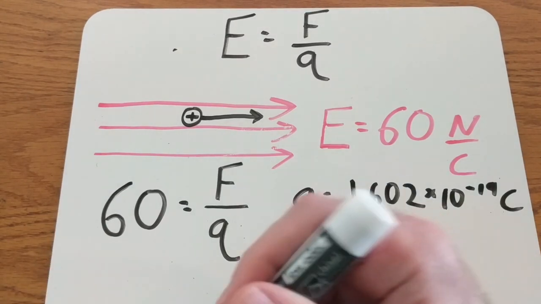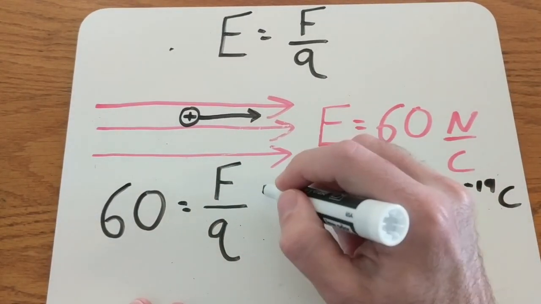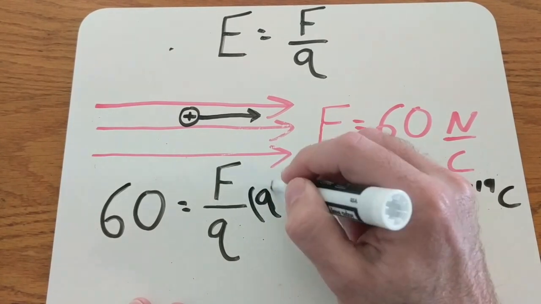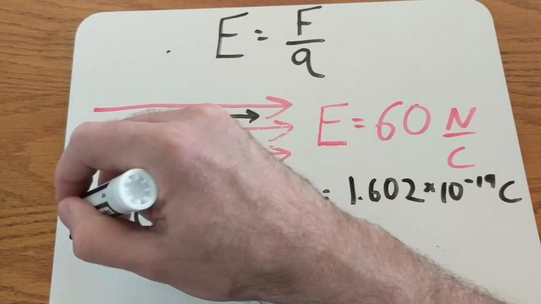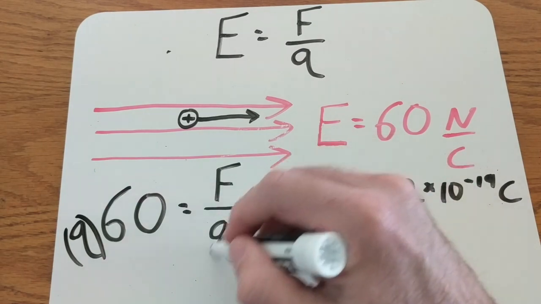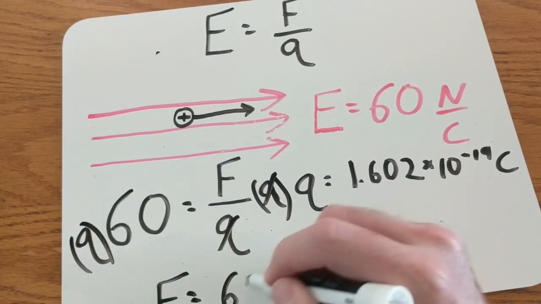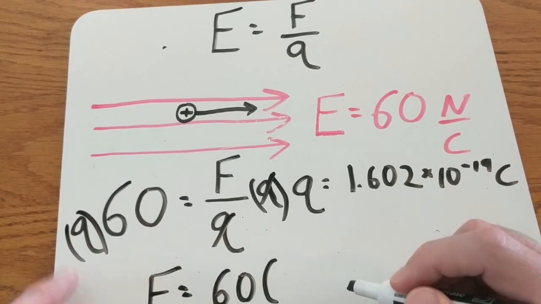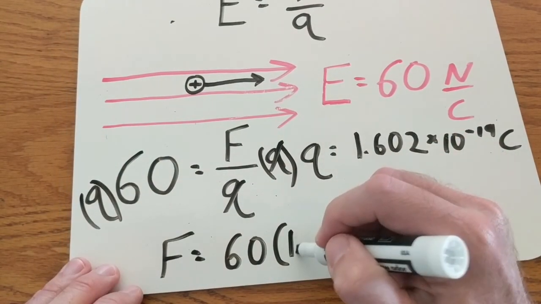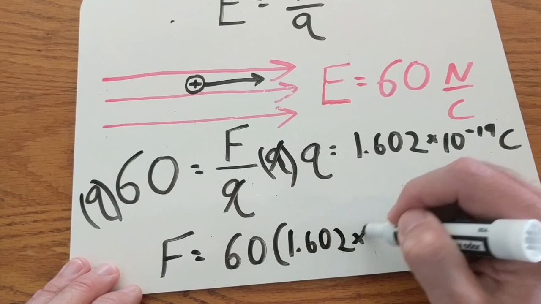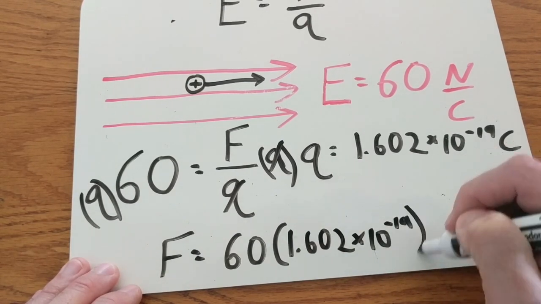So once we see that, we multiply both sides by q, and that cancels that out. That's just simple algebra. And we get F equals 60 times little q, which is 1.602 times 10 to the negative 19.